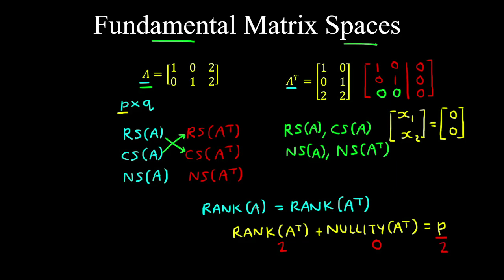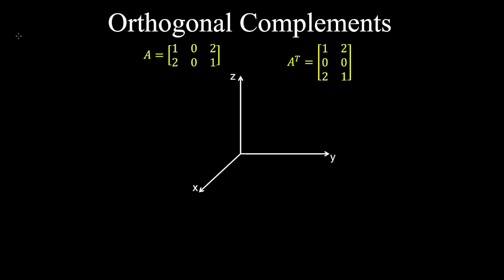Suppose we have a matrix A with p rows and q columns. And suppose we have a subspace S of R^q. So for example, that would be the row space of A and the null space of A, because the row vectors have q components.